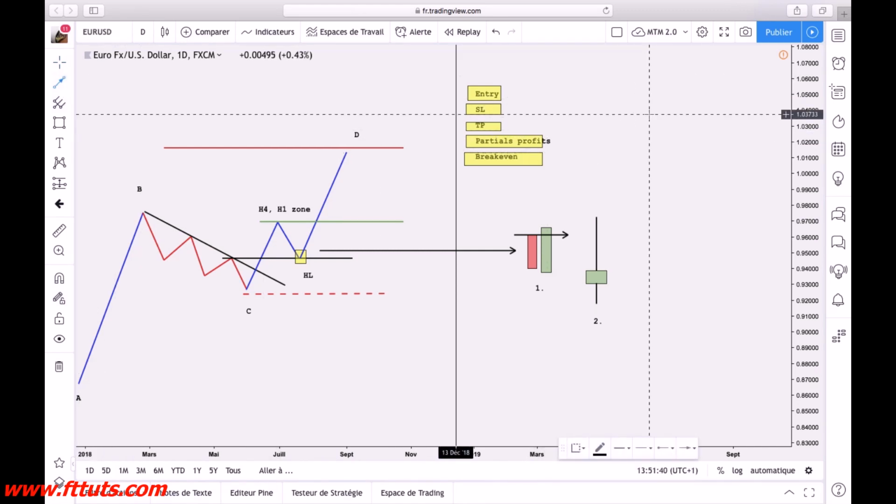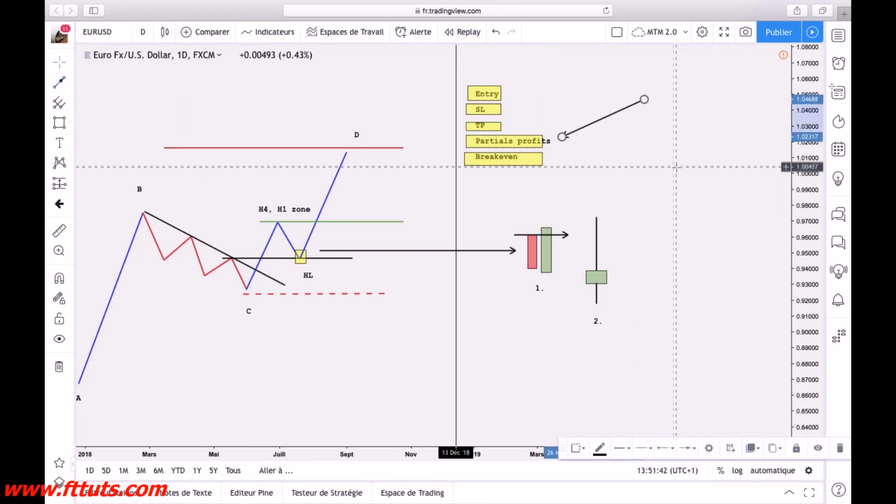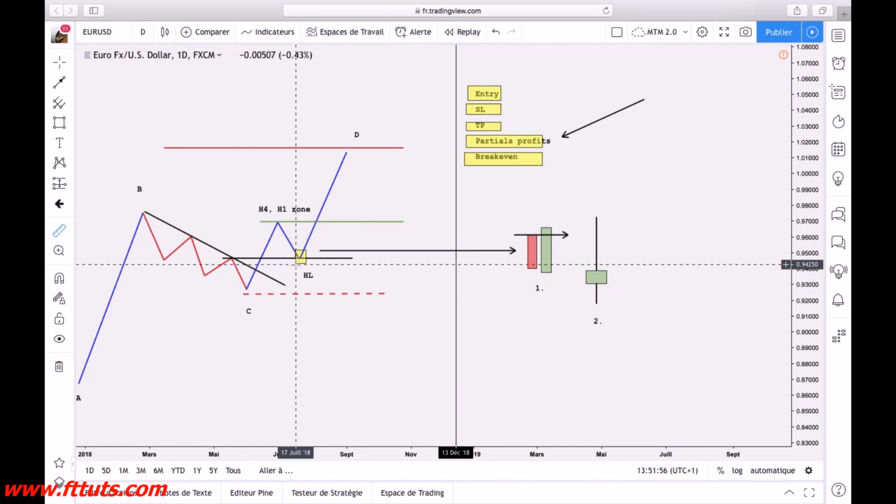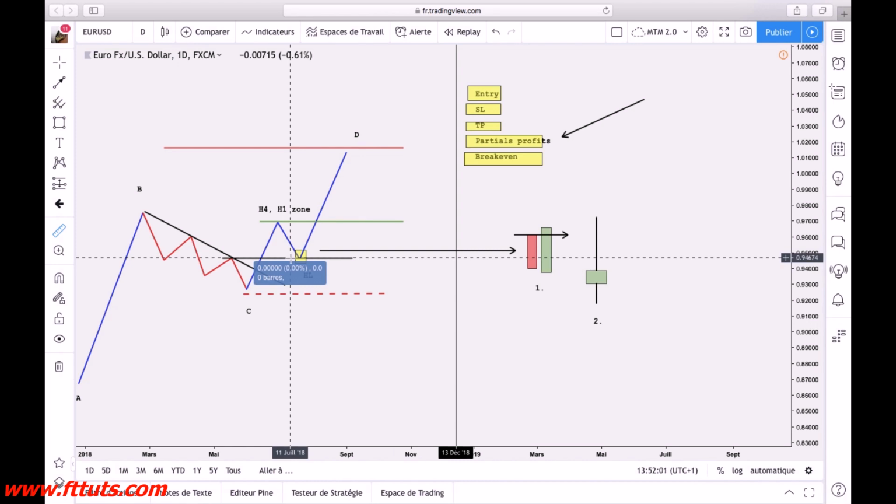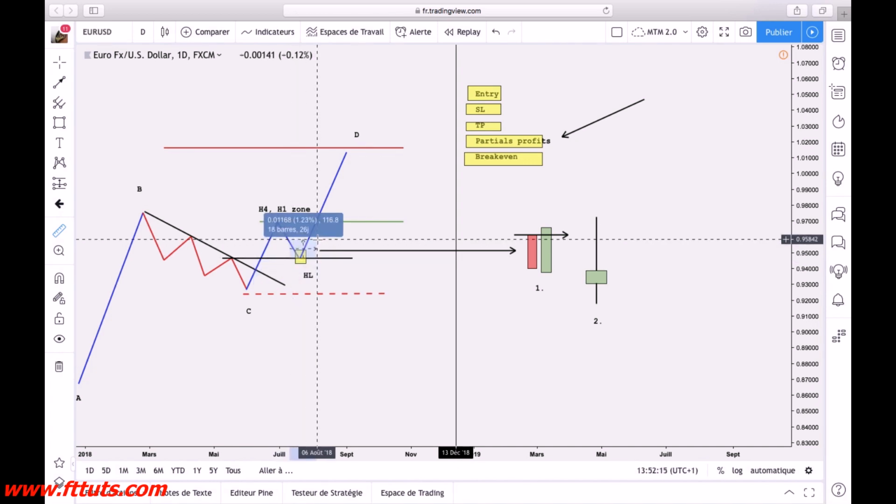You will take some of your profits and you will let the rest run. You will take your partials on the next zone. It can be a 4-hour zone or even a 1-hour zone because a pullback can happen.